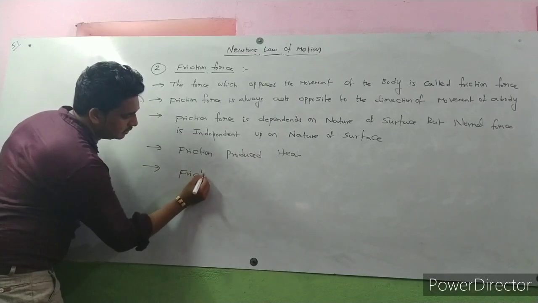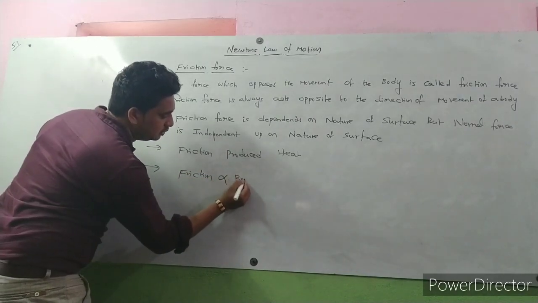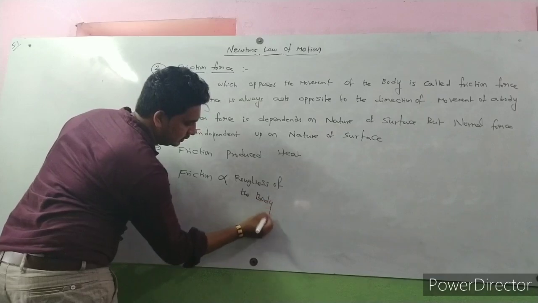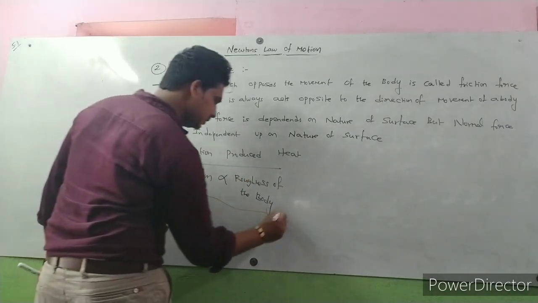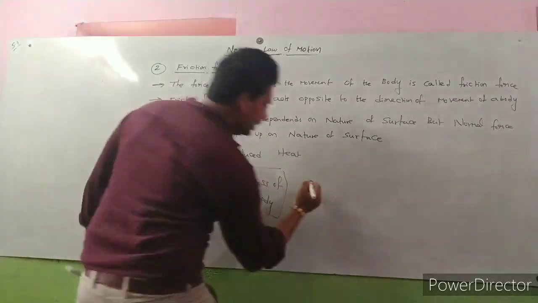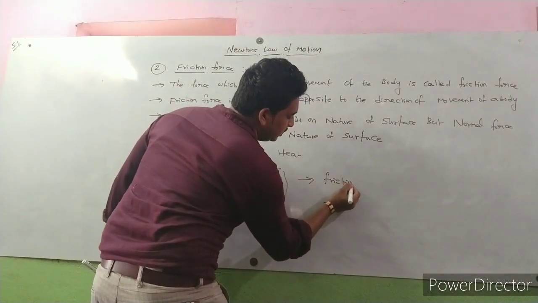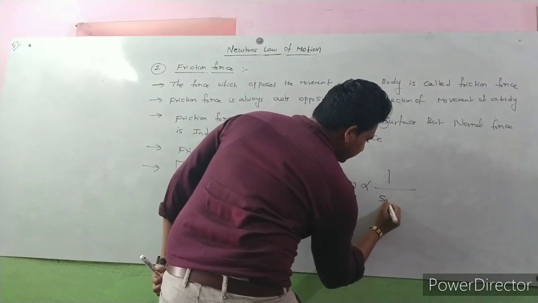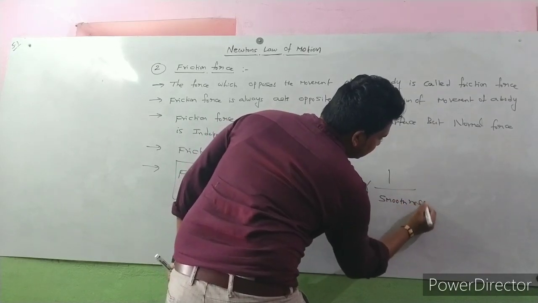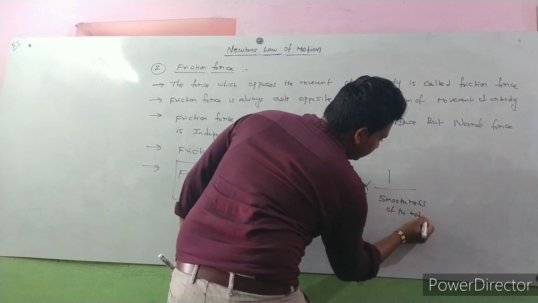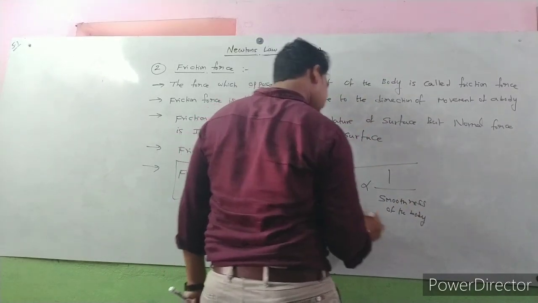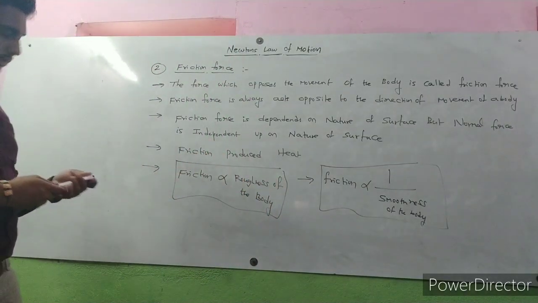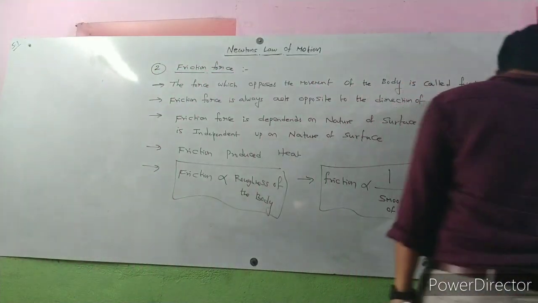Friction is directly proportional to the roughness of the body, and inversely proportional to the smoothness of the body. So this is about friction force.